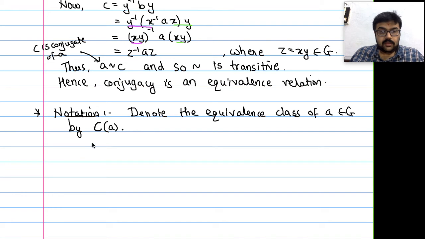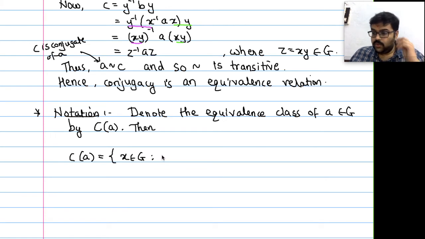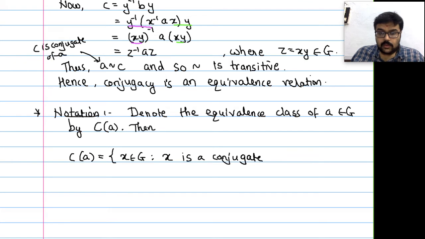C of A is the set of all elements X in G such that X is a conjugate of A.